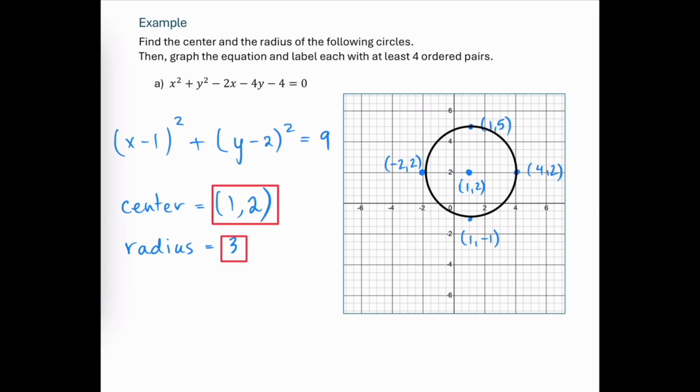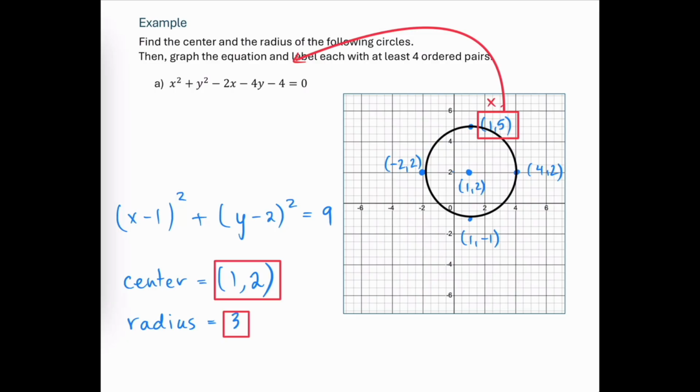In order to check our graph, let's grab one of these ordered pairs on the outside of the circle, and I usually try to go for small positive numbers. And we'll plug that back into the original equation for x and y to see if it's an ordered pair solution. So we're going to plug 1 in for every x value and 5 in for every y value.